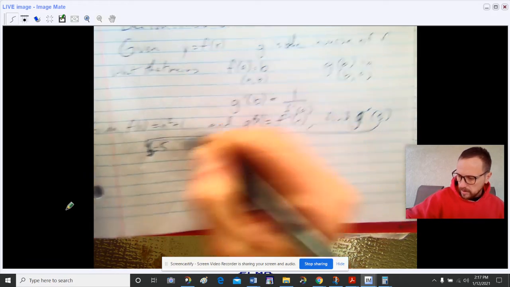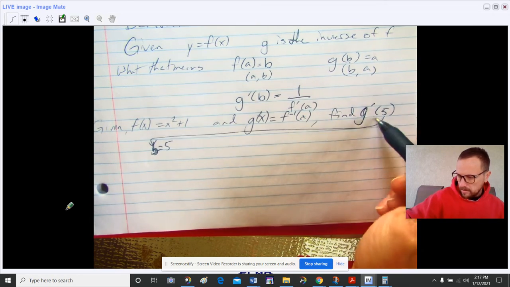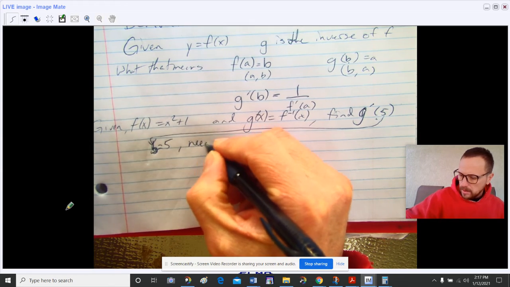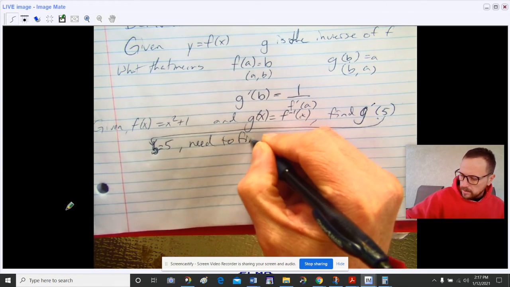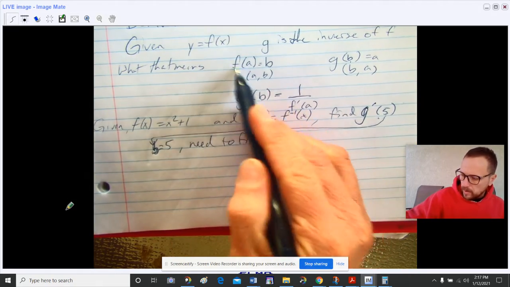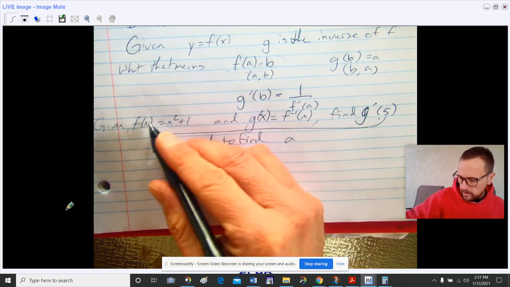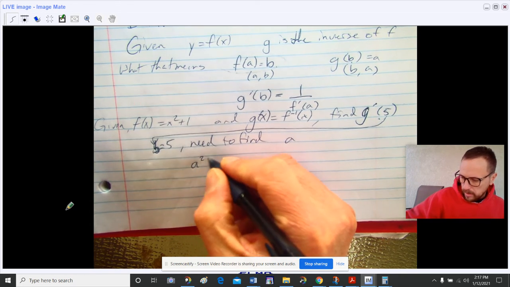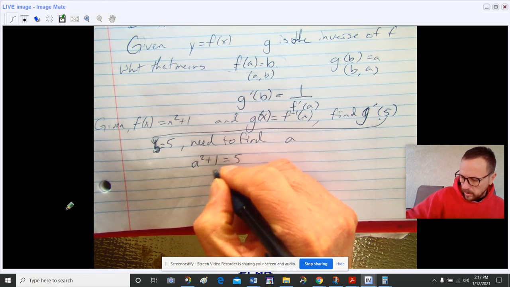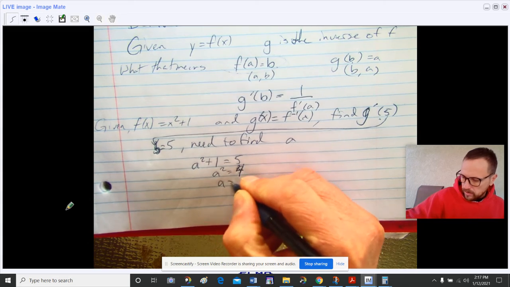This is g prime of b, and b is 5, so we need to find a. We know that f of a equals b, so a squared plus 1 equals b. So a squared equals 4, and a equals 2.